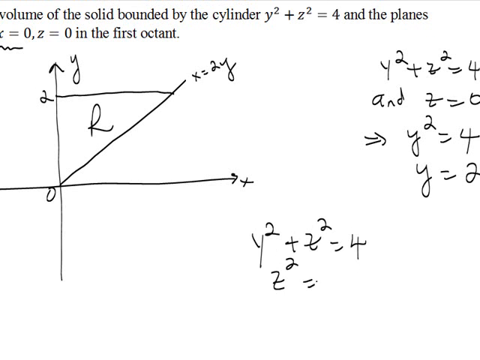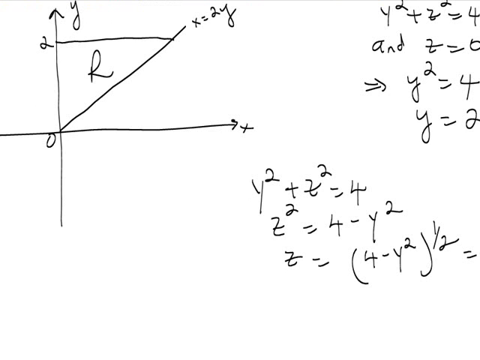Z squared equals 4 minus y squared, so z is 4 minus y squared to the half. This is what we are integrating. This is your f of x, y. This is the surface. Okay, let's set up the integral.